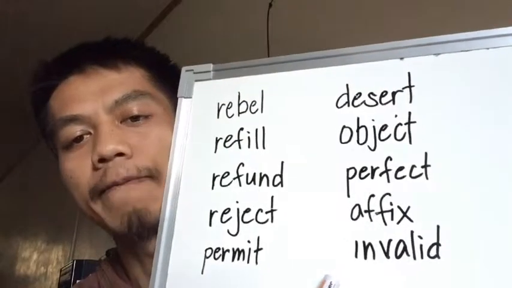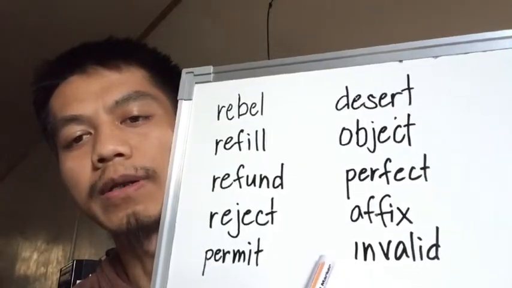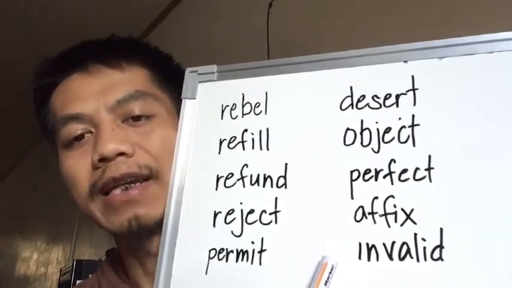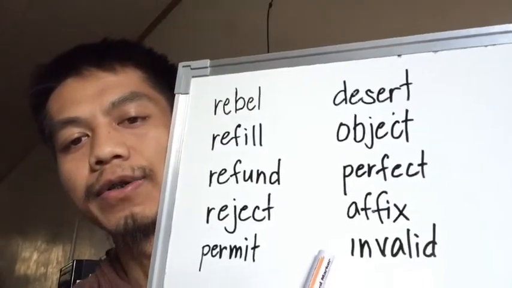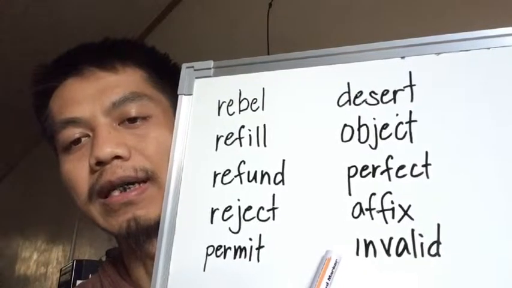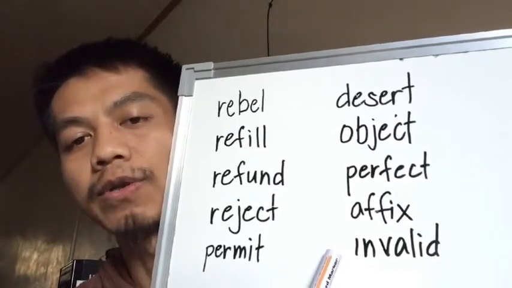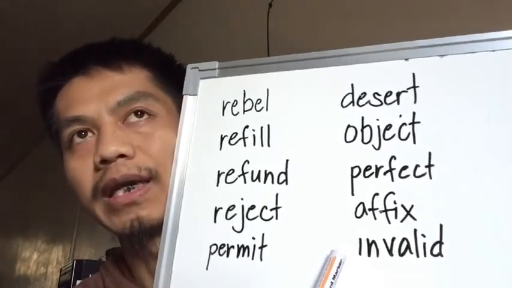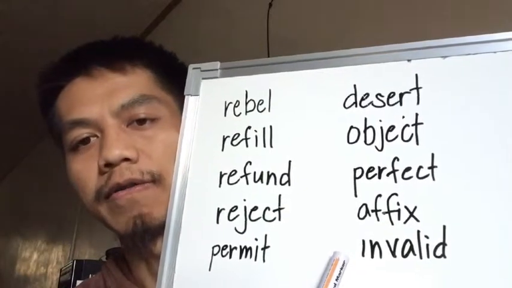And the last word can be either pronounced invalid or invalid. An invalid is usually a helpless person, and when you say invalid, that means not valid. Okay, there you go. So that's how stress works in the English language.